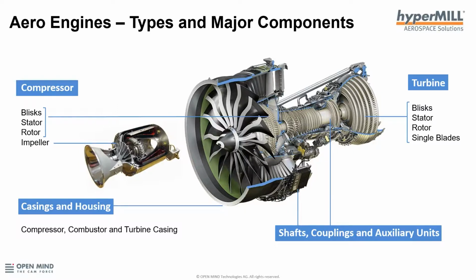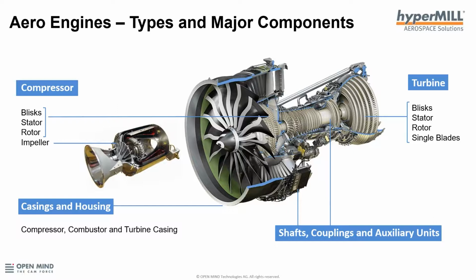The thing in common with these engines is they are made up of basically three major components: compressors, turbines, and the combustor. And the compressors could be an axial compressor that can have a rotor and a stator, or it could be a radial compressor in case of a small gas turbine where you have a so-called impeller.